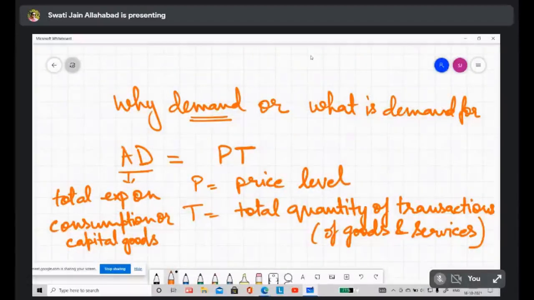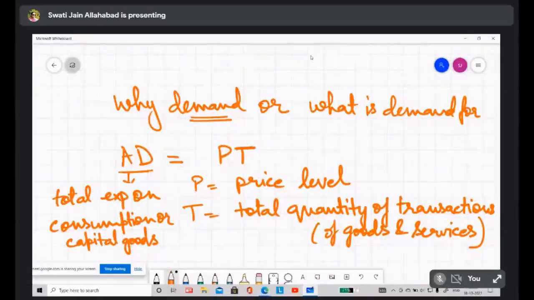So again, that income does not remain idle with the individual. And why savings or capital goods? Because in order to consume in future.